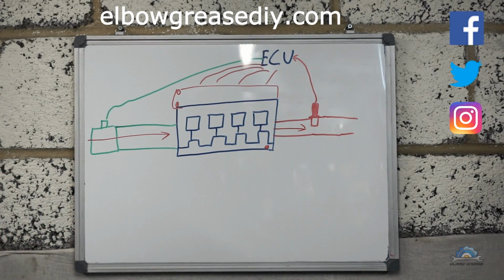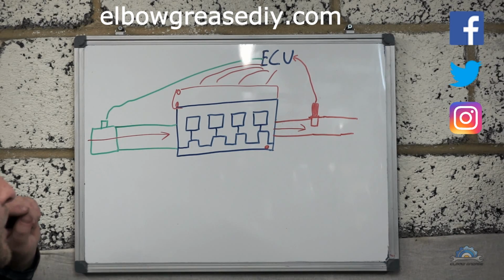That's pretty normal, but today's cars are about efficiency. The ECU is trying to control the fuel and air ratio to get the most from the fuel, to produce as few emissions as possible and as much power as possible.